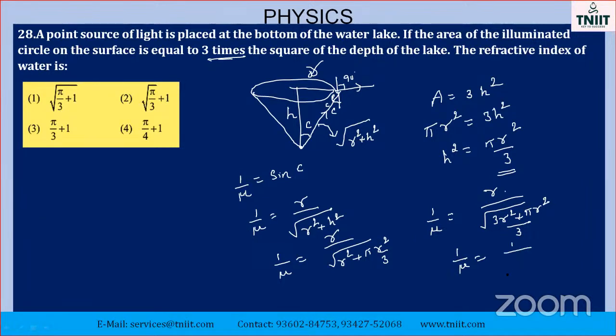So 1 divided by root of 1 plus pi by 3, so mu is equal to root of 1 plus pi by 3. Root of pi by 3 plus 1 is there in the first option.